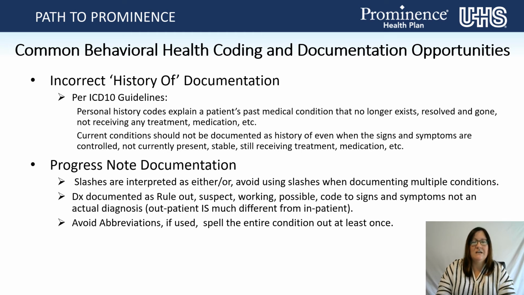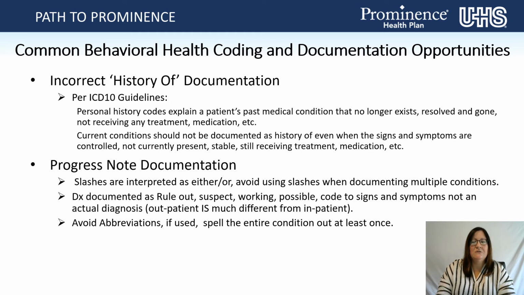Progress note documentation specifics. The use of slashes in your documentation from an outpatient perspective are interpreted as either/or. Avoid using slashes when documenting multiple conditions. Diagnoses documented as rule out, suspect, working, possible, code to signs and symptoms and not an actual diagnosis.